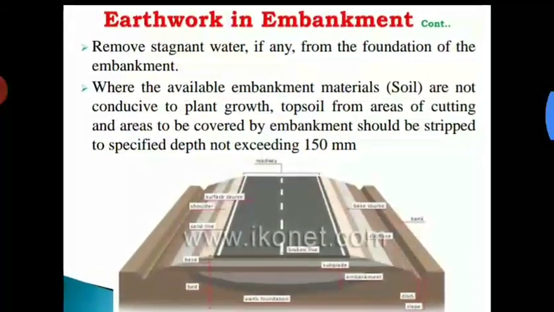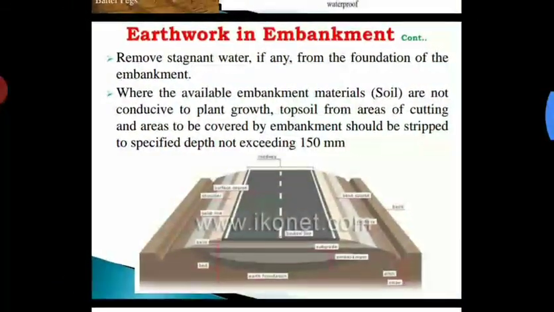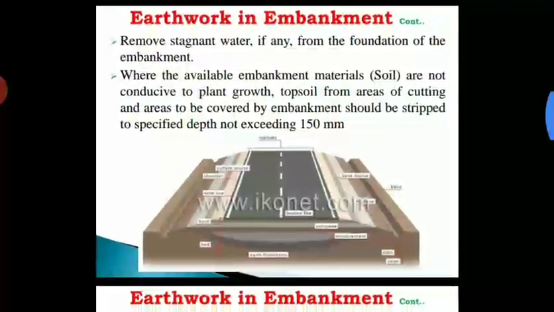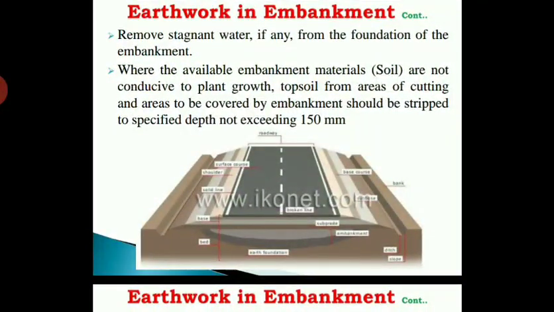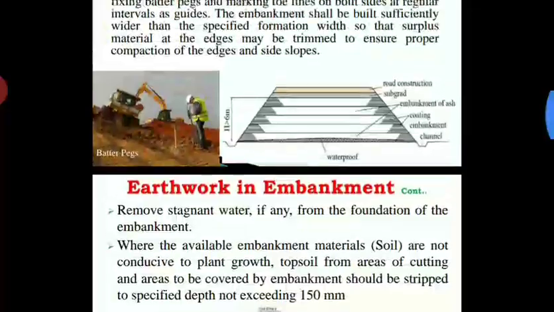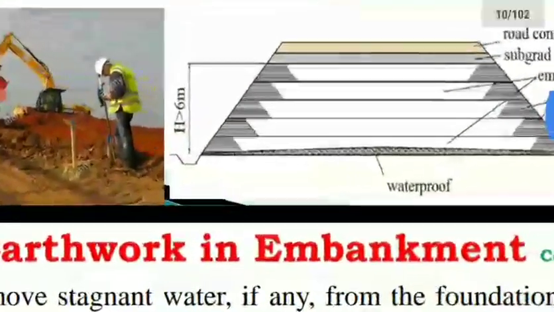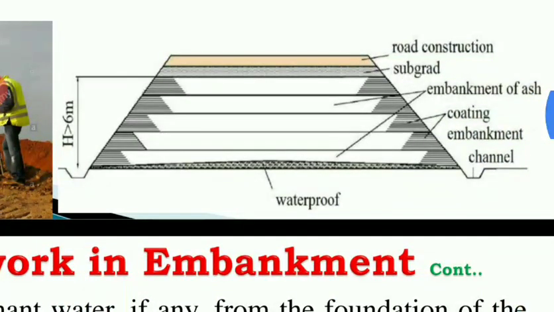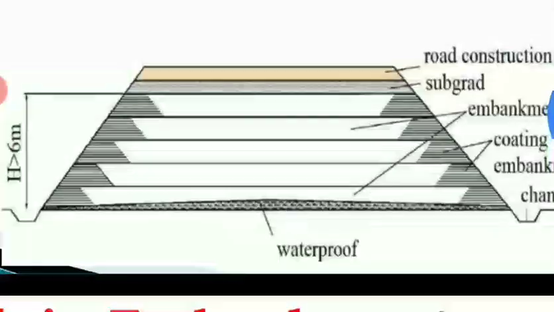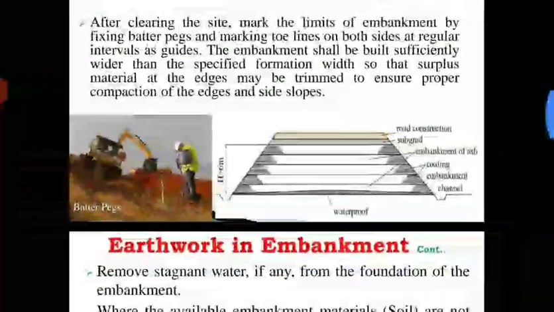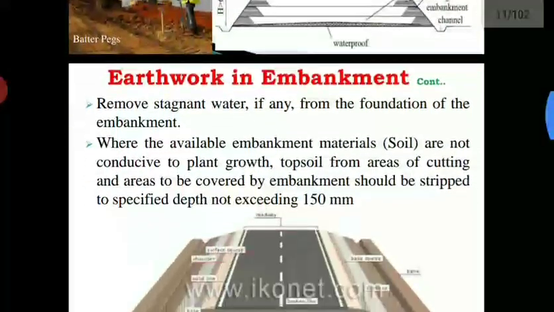Now the next part: remove the stagnant water, if anything is there, from the foundation of the embankment. Here you can see the foundation of the embankment. Usually at the slope place, if any water is present at the foundation of the embankment, at that time first we should drain off that entire water present just beside the foundation, and then we should move further with the construction part, right?